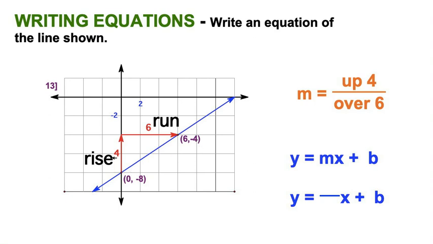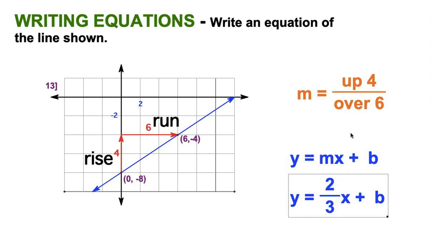The change in the y's, the vertical, is 4. The horizontal is 6. But I can simplify that. 4 over 6 dividing by 2 is, of course, 2 over 3. That's my slope. Up 2 over 3.